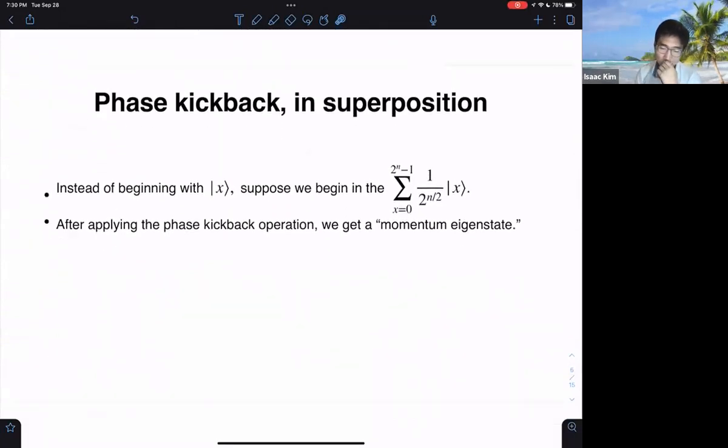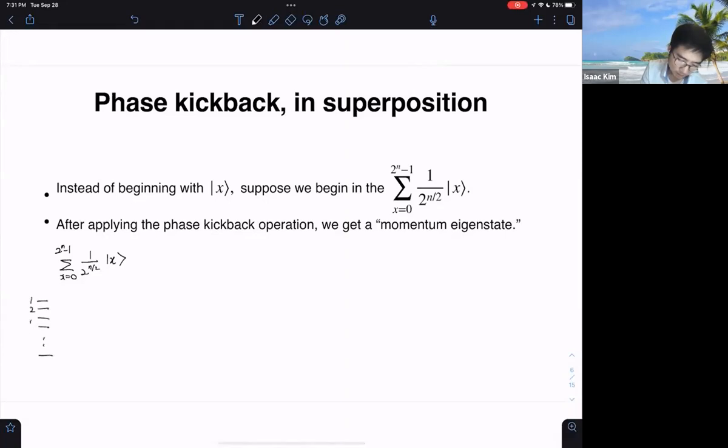Okay, so of course, all of this can be generalized by linearity of unitary transformations. So we can apply that to a general superposition state. So let's try to do that. I would like to begin with this state. And I should emphasize that this state is very easy to make because, let's say we have n qubits.